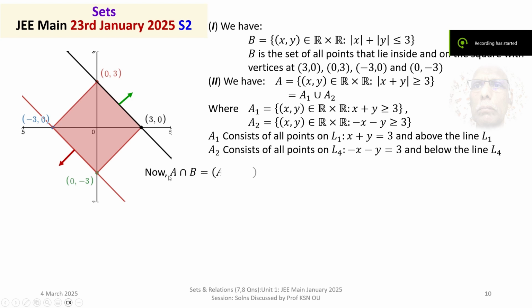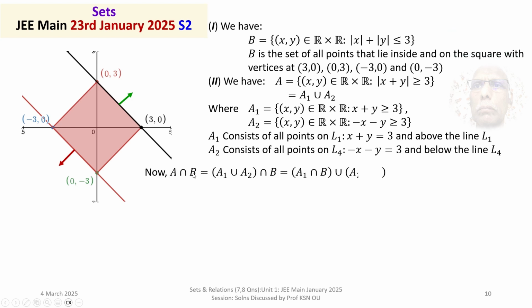Now we consider A intersection B. A is A1 union A2, intersection B. Use the distributive law: A1 intersection B union A2 intersection B. And what is A1?